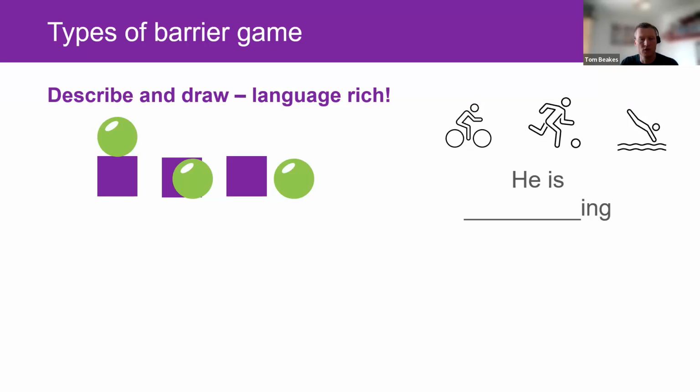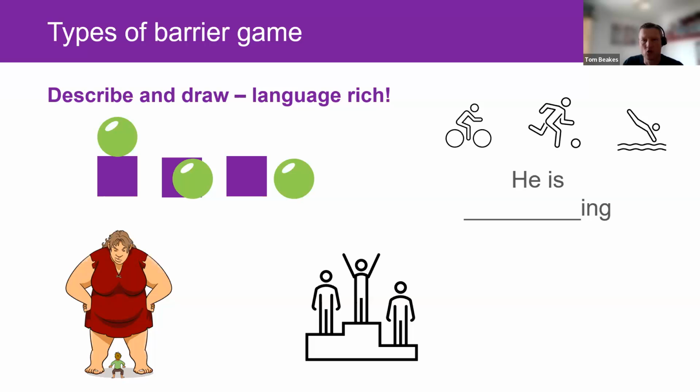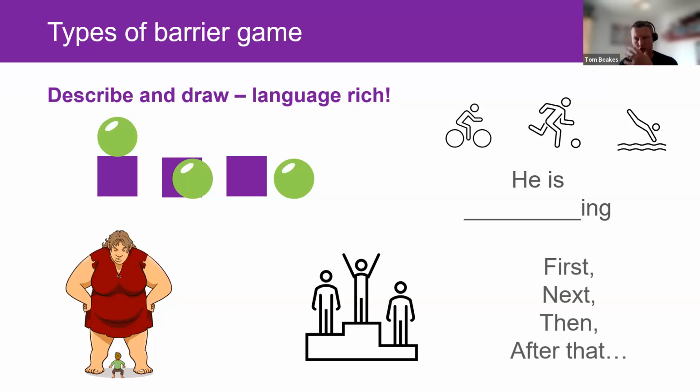He is walking, playing, she is swimming, whatever it might be. They're excellent for building use of adjectives: big, long, straight, tall, and comparatives. So the giant is taller than the man. We can also use them for things like ordinals, first, second, and third, and the kind of sequencing language that is very common in academic contexts as well, for when they're doing their dictations.